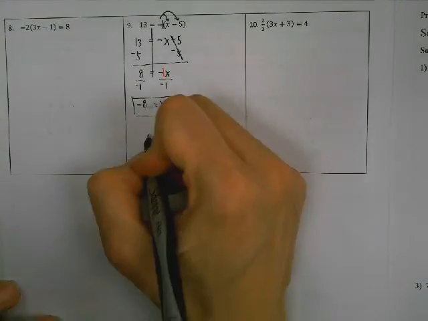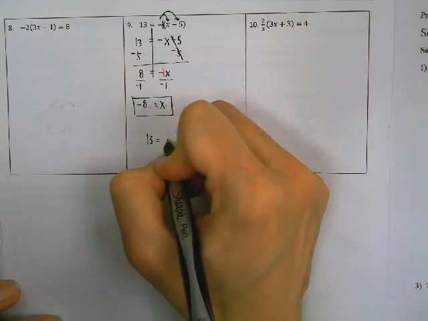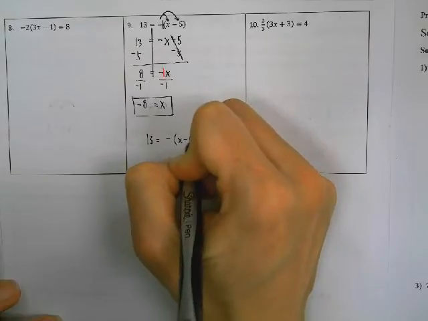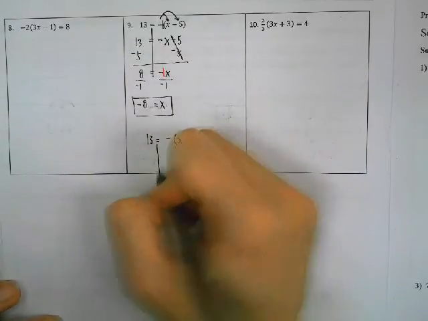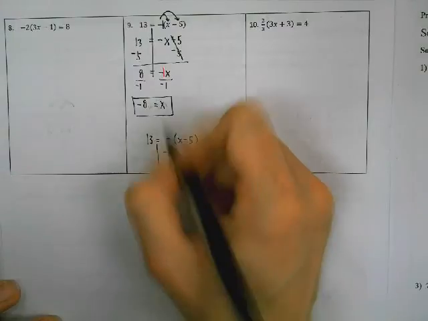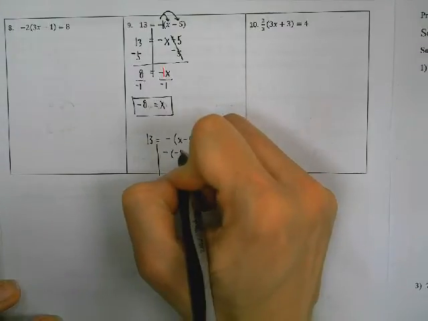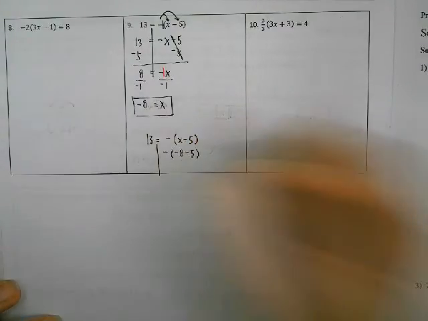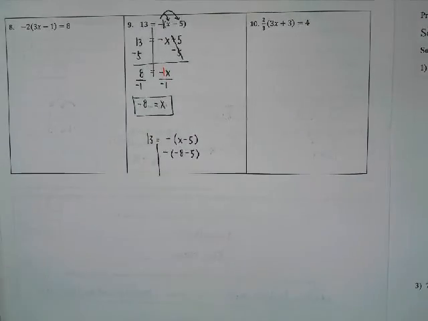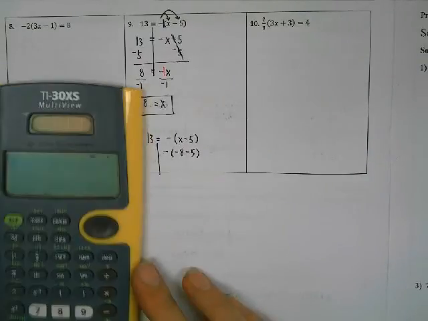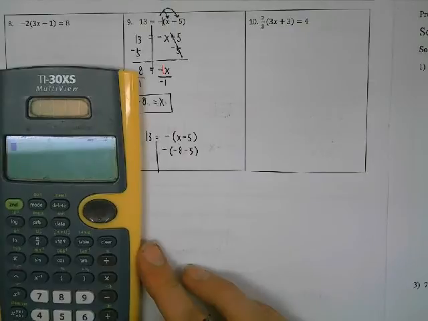Again, last step is to check. So my original equation was 13 equals the opposite of x minus 5. So I'm going to plug in where I have x, I put in a negative 8 minus 5. And again, please check this in your calculator. A lot of us are trying to do things in our head and making some computational errors and not catching our errors in the equation.